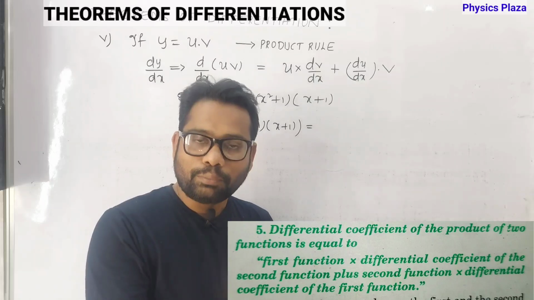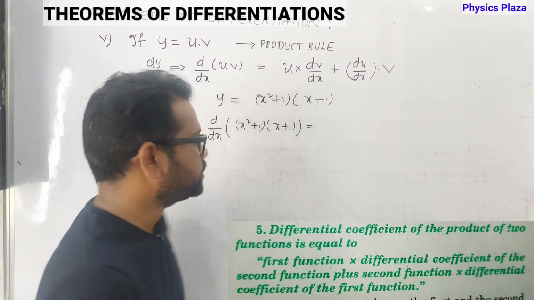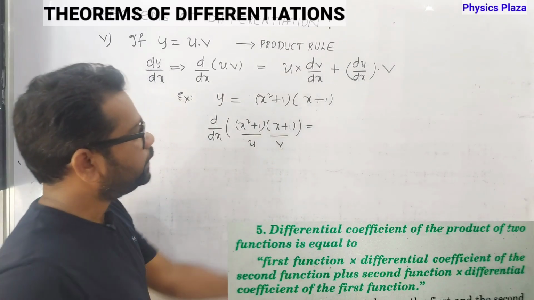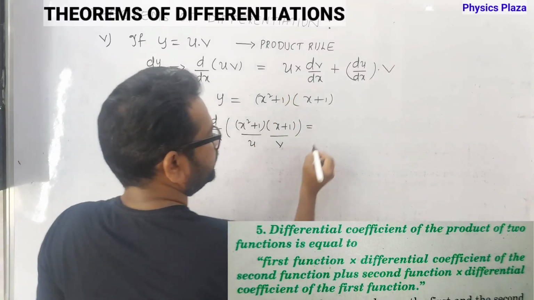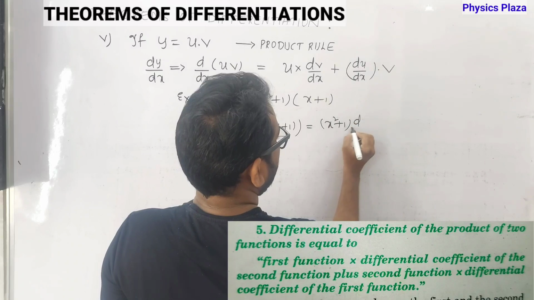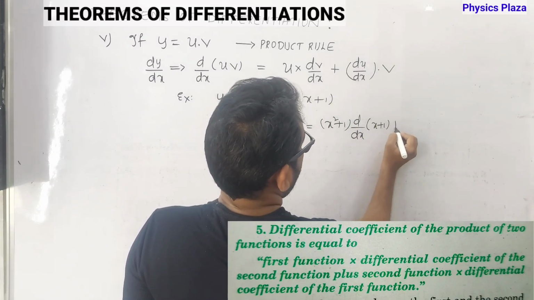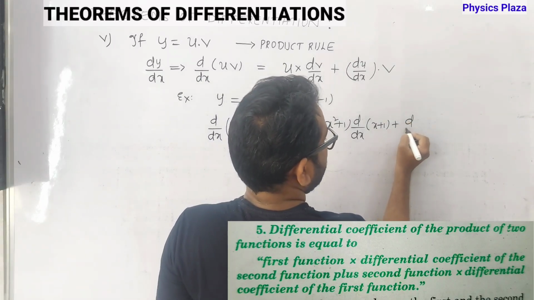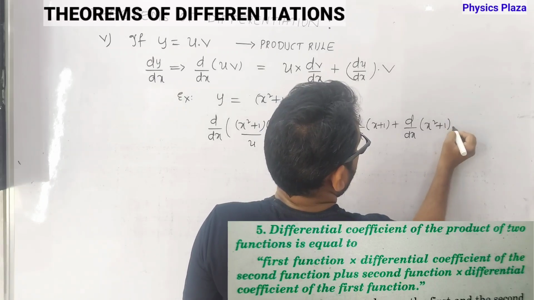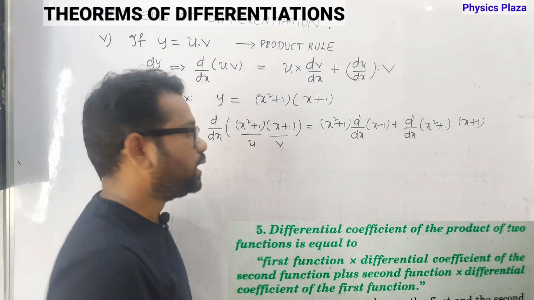Then we have to apply the product rule. First, let us identify which one is the first function and which one is the second function. Now let us apply the formula: first function into differential coefficient of second function plus differential coefficient of first function into second function.